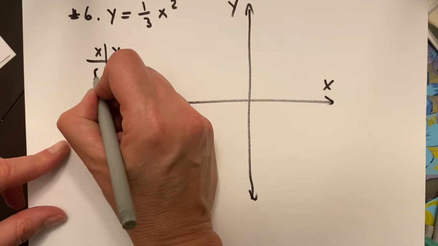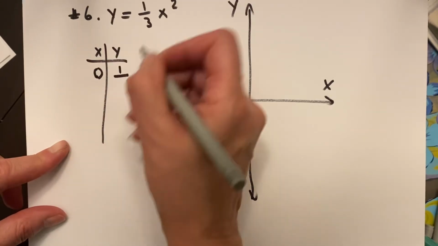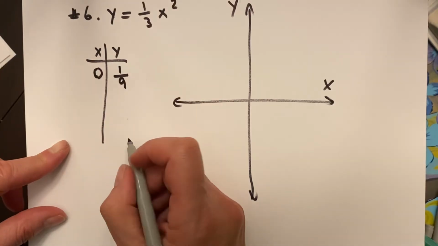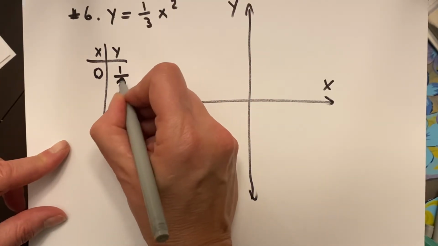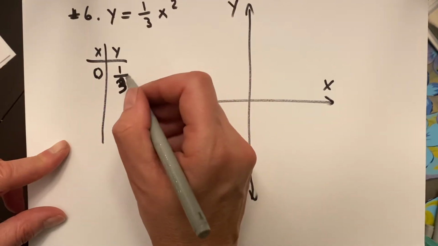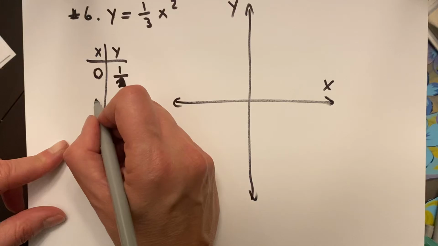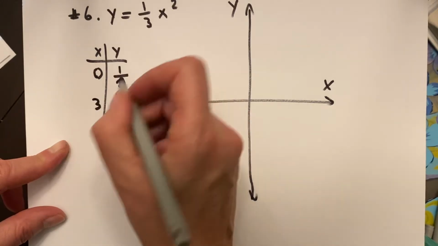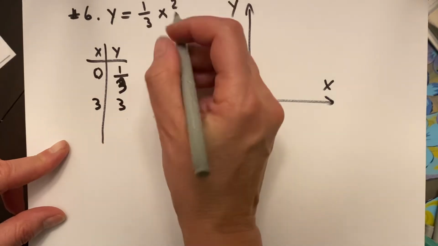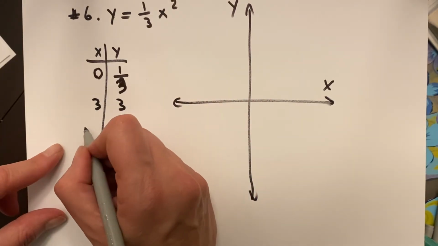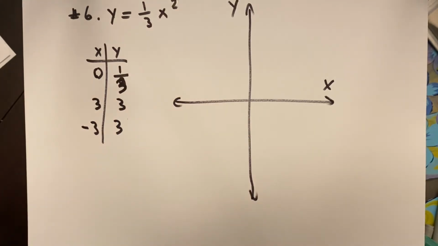When x is 0, y is 1/3. And when x is, let's see, I'll do 3 to make my life easier. 3 squared is 9, divided by 3 is 3. Y is 3. When x is -3, I will get the same answer.